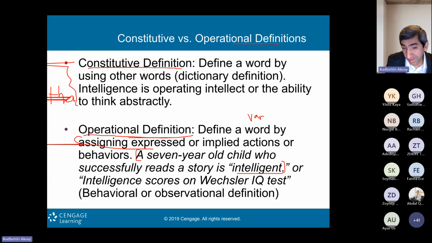So no matter who is implementing the study, you can follow the same procedure and come up with similar results. Or even better, intelligence scores on the Wechsler IQ test. So you could define intelligence, and this is more common, more useful, as a person's score on an IQ test. This way, we operationally define.